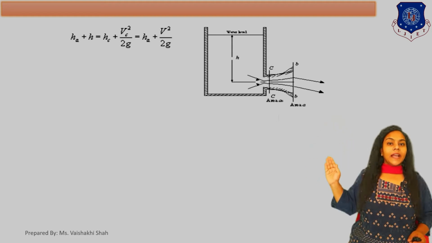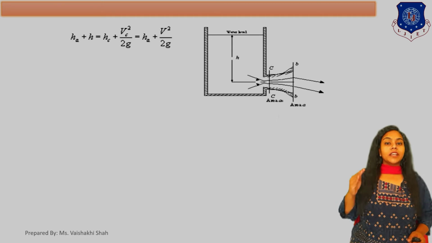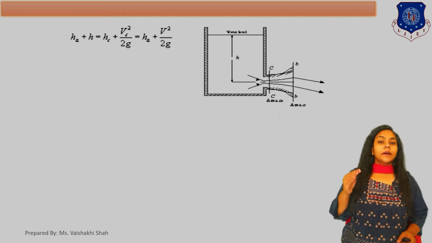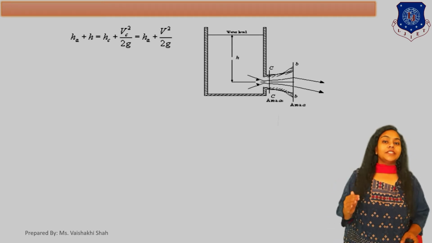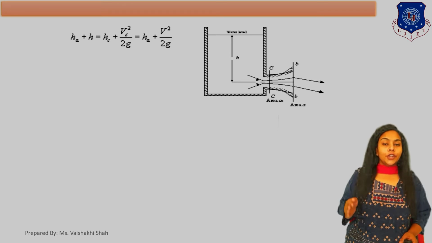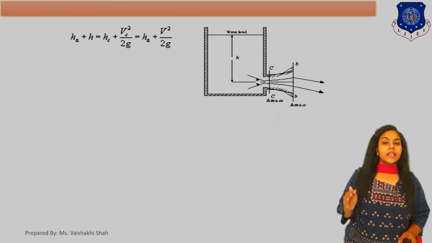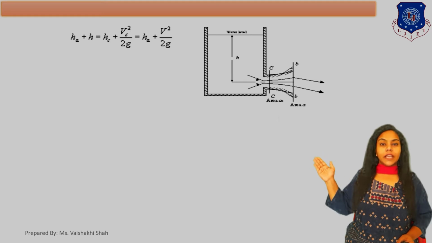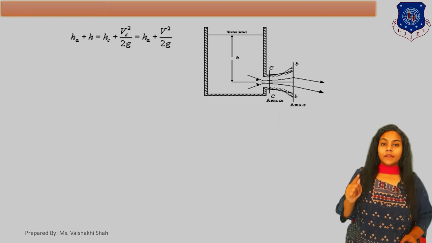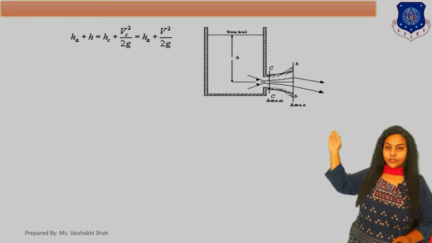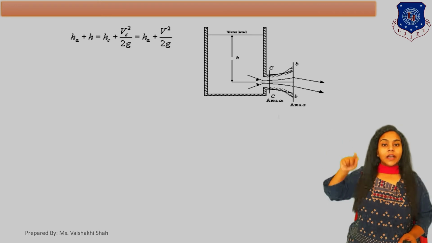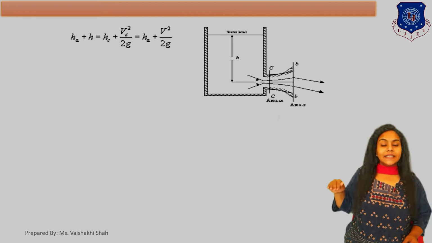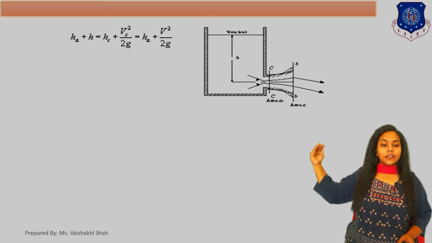As on the free surface of the liquid the pressure acting is atmospheric pressure, P1 by rho g is replaced by HA, and Z1 is H, the height of the water level from the center of the mouthpiece.